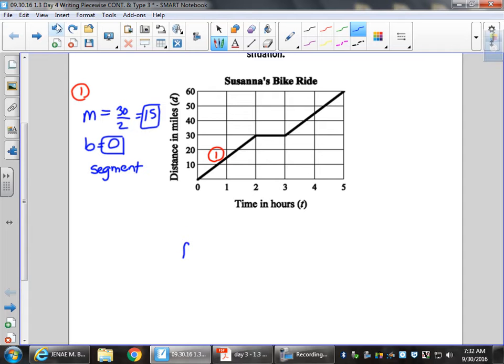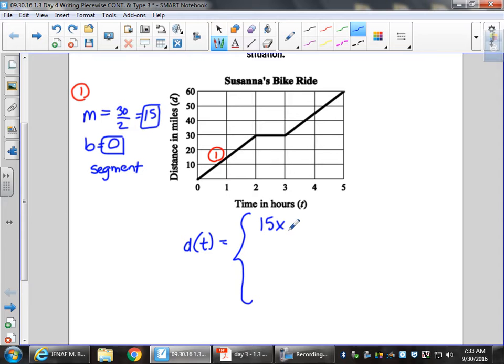It won't be d, it won't be f of x, it will be d of t. So tell me what to write for my first piece. Do we need the plus 0? No. It's not wrong to write it. If you would like to write plus 0, go ahead.